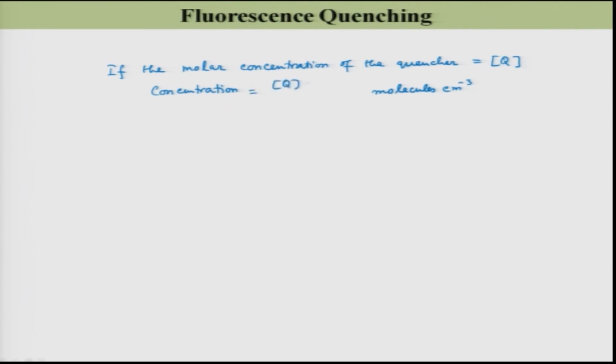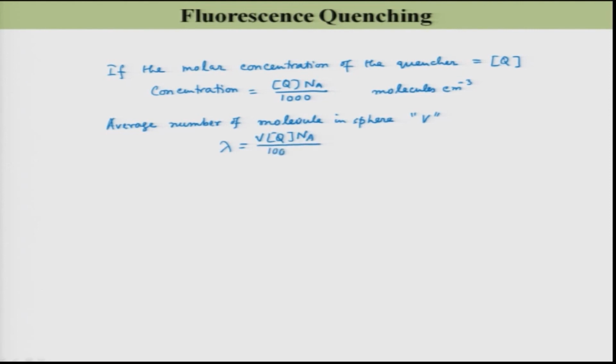This will be Q into Avogadro number divided by 1000. So, that means the average number of molecules in a sphere of volume V, that lambda is equal to V Q Na divided by 1000.